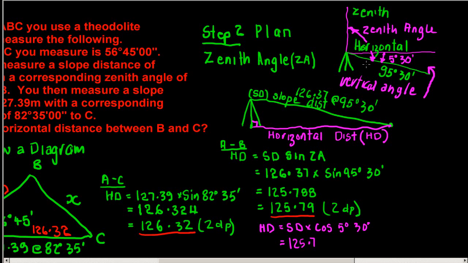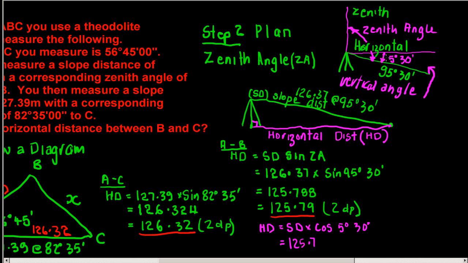So a zenith angle of, say, 95 degrees 30 is actually an angle of depression. It's 5 degrees 30 below the horizontal, as I've shown here. Sometimes the 5 degrees 30 is called a vertical angle. In this case, which I haven't shown, it would be negative 5 degrees 30 because it's an angle of depression.